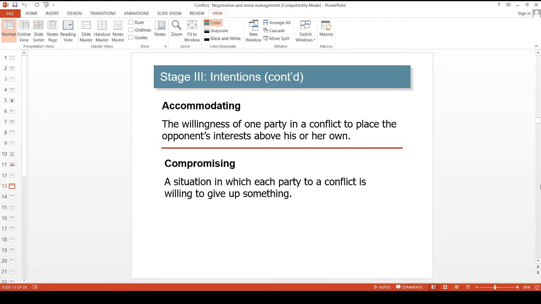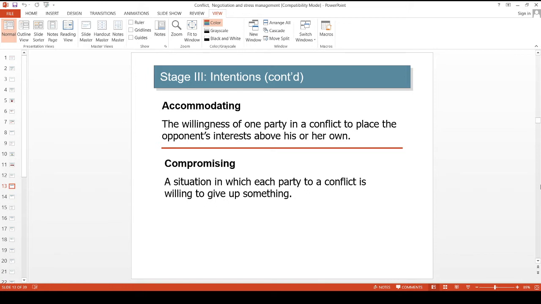Then the last approach is the compromising approach. This is a situation in which each party to a conflict is willing to give up something. So this is a sort of sacrificing situation between the two parties, in which one party sacrifices something and the other party will also sacrifice something. When each party seeks to give up something, sharing occurs, resulting in a compromised outcome.